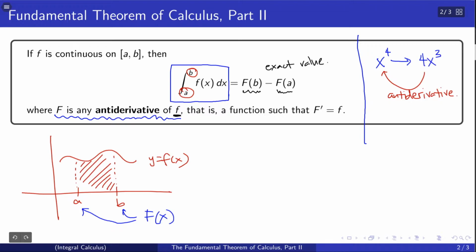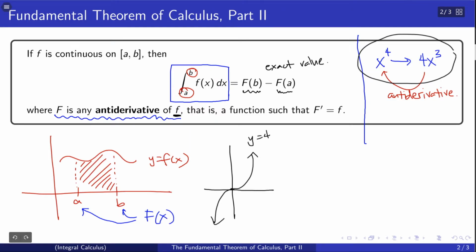Right? And so in my small example up here, since x to the fourth power is an antiderivative of 4x cubed, what that tells me is if I draw the graph of 4x cubed and I wanted to take, say, the area under the curve from 0 to 2, then I would just need to evaluate the antiderivative x to the fourth power at 0 and 2.